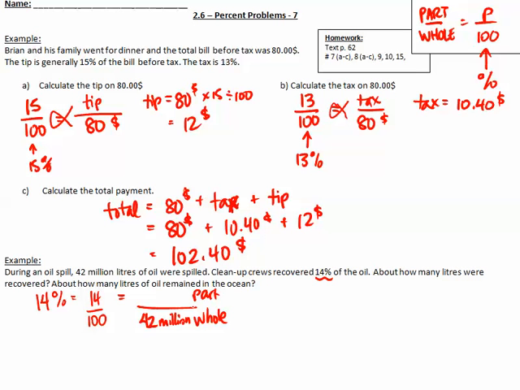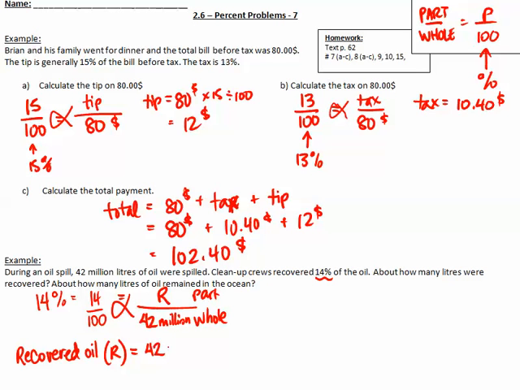And then I have to figure out what the part is. Well, let's call this R because this stands for the recovered amount of oil. Well, I used my cross multiplication, and the recovered oil, R, equals 42 million times 14 divided by 100.